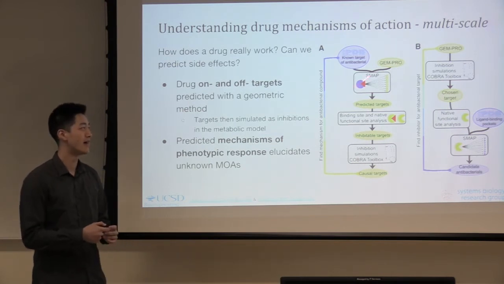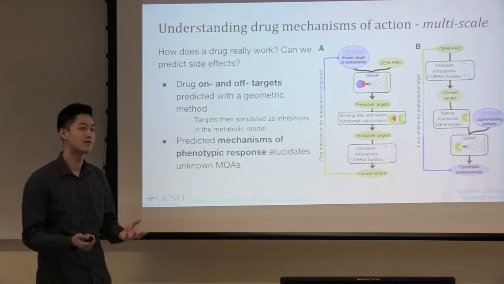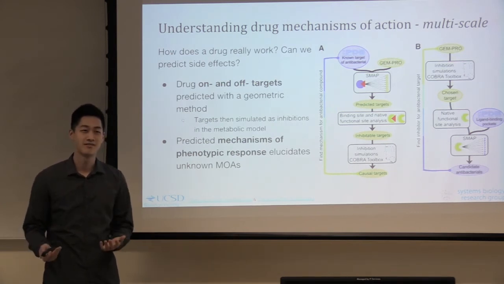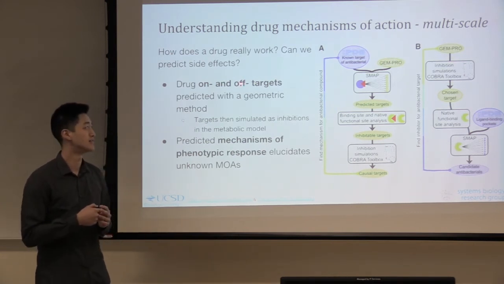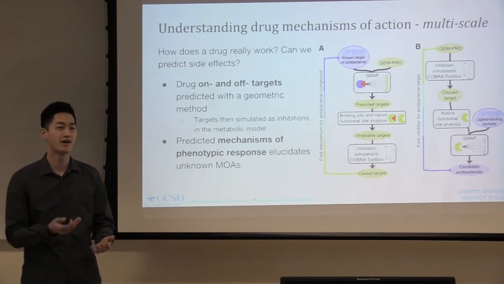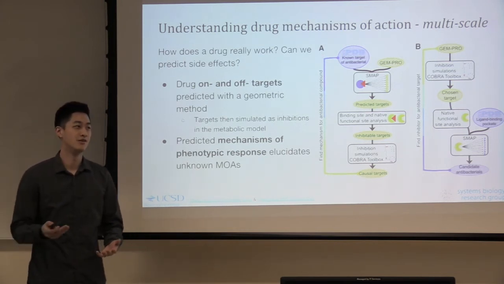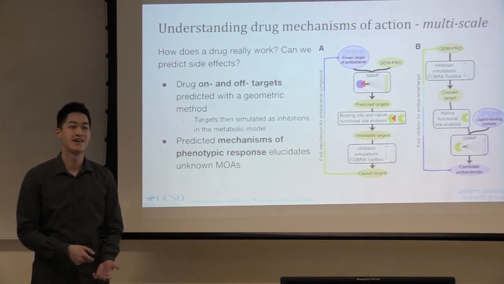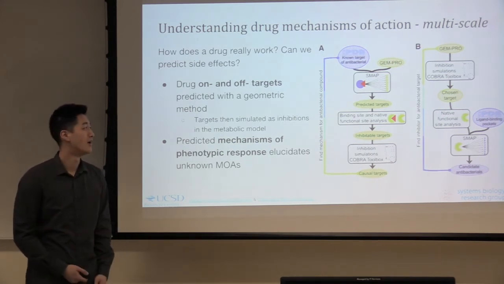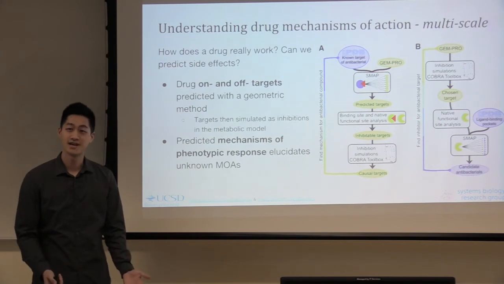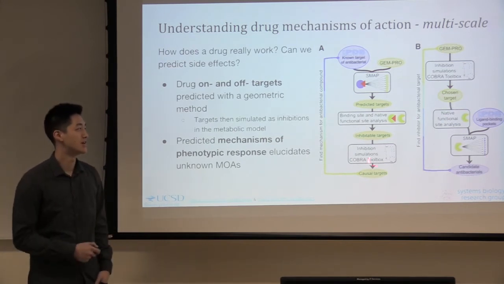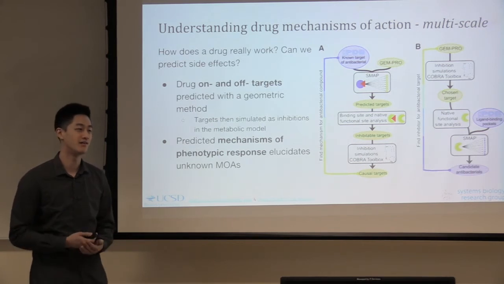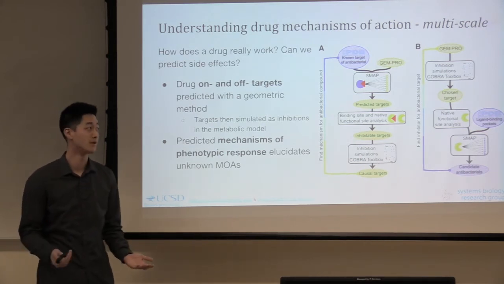And so a GemPro allowed him to not only predict what other proteins this drug might bind to, but predict their phenotypic effects if they had bound. These are called off targets. So these are the targets that you don't know that this drug may bind to that may cause fatal side effects. And so a GemPro was applied in a retrospective fashion here to understand what the true effects of a drug were.